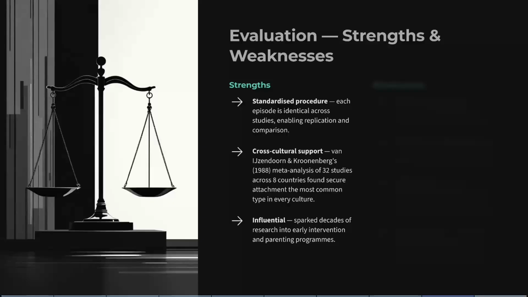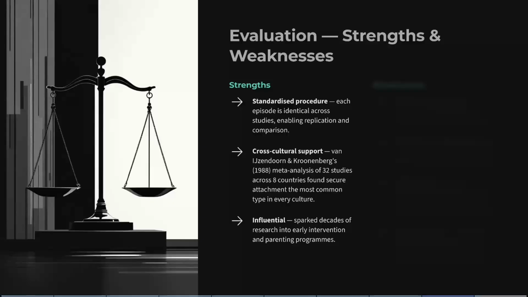This cross-cultural universality provides strong support for Bowlby's claim that attachment is a biological phenomenon, something that transcends specific cultural practices and child-rearing norms.